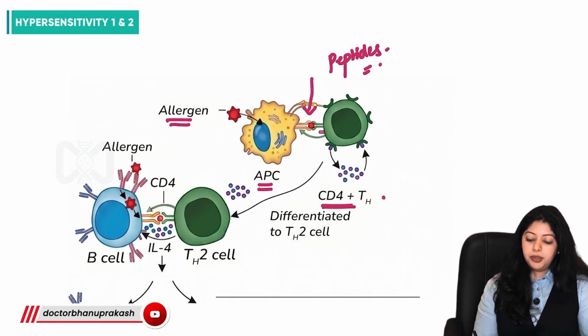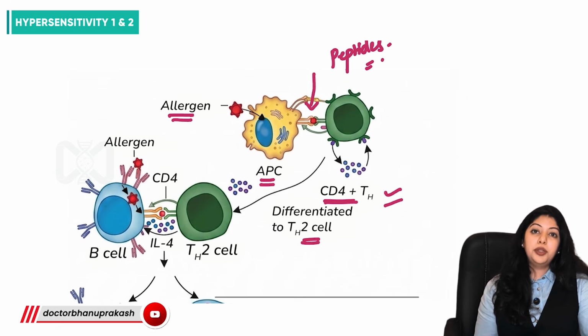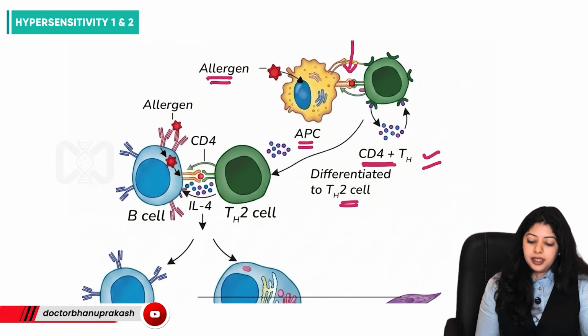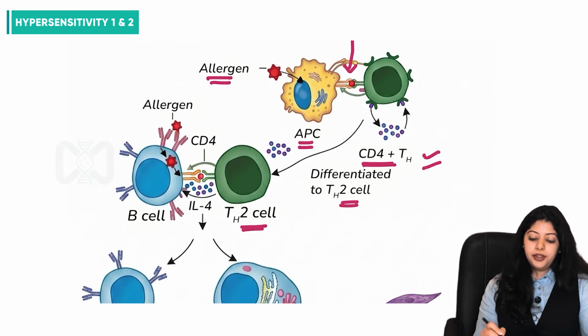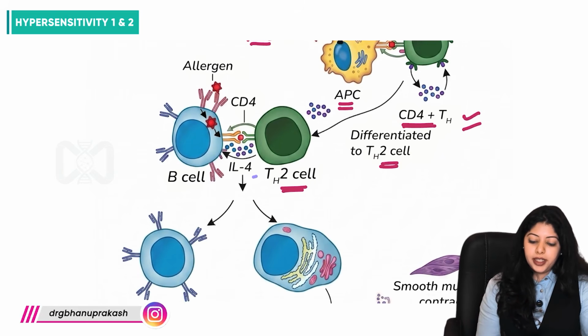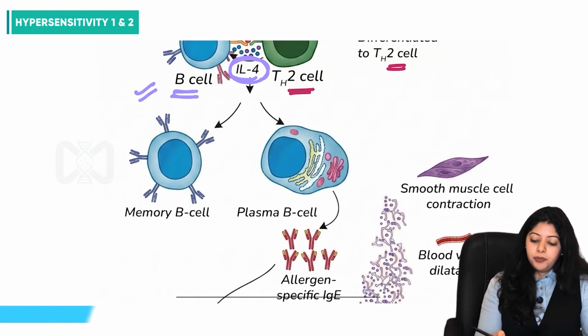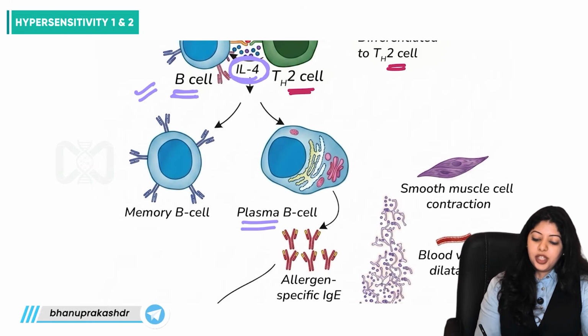These helper T cells differentiate to Th2 cells, which in turn release certain cytokines. That cytokine is interleukin 4. Interleukin 4 has the important function of stimulating the B cells to produce IgE specific plasma cells.